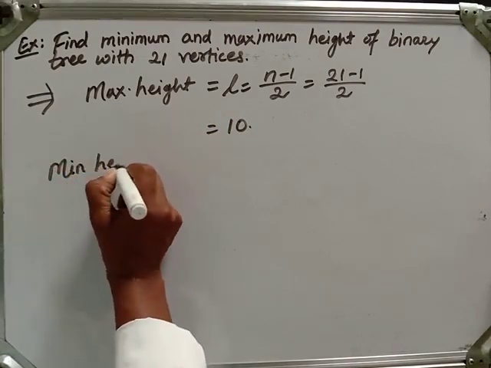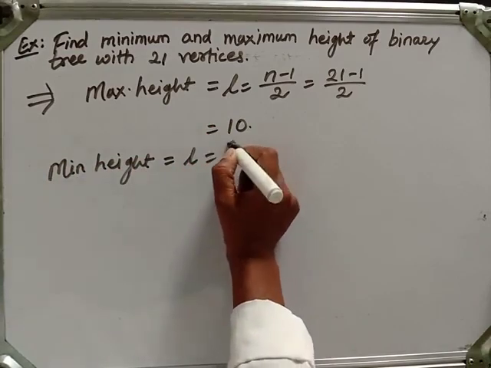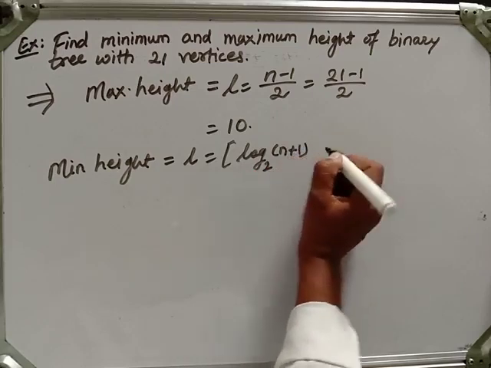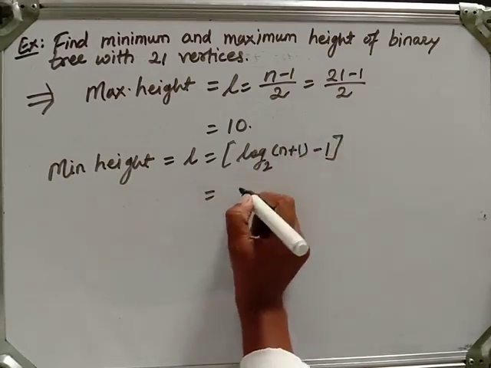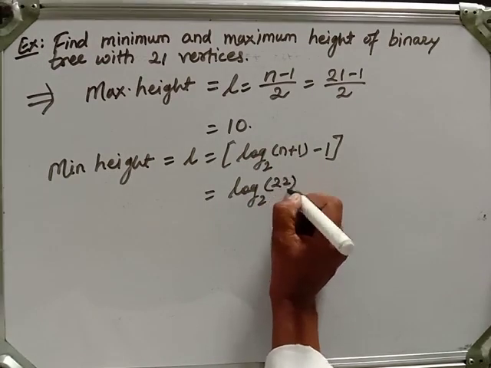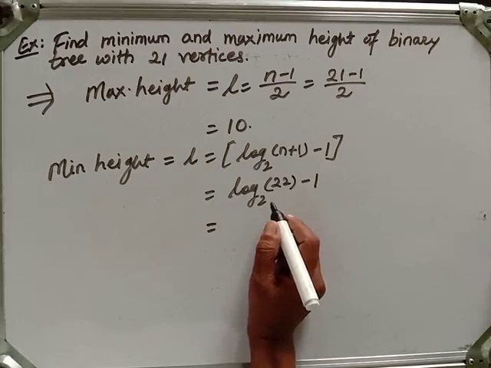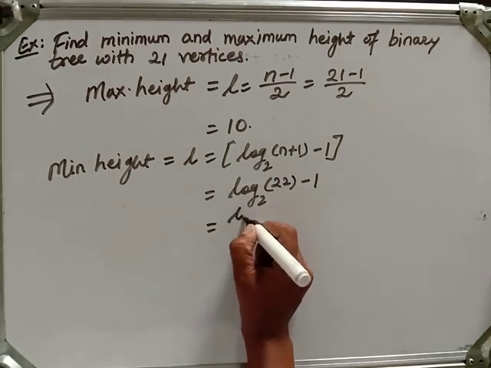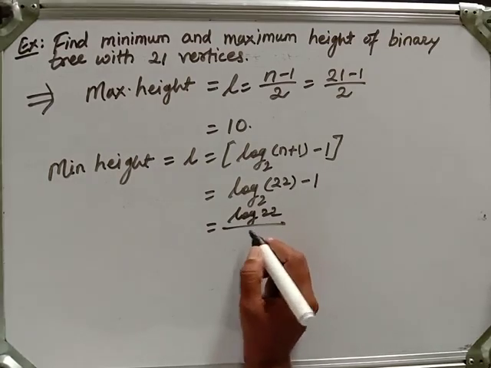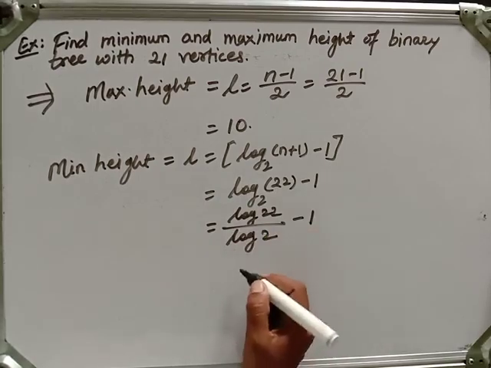Minimum height is nothing but again L, which is what? Log to the base 2 of n plus 1 minus 1. So it is log to the base 2 of what? N is 21, so it is 22 minus 1. So that value is how much? It will be log of 22 with natural logarithm upon log of 2, or base 10 we can take here. Fine.